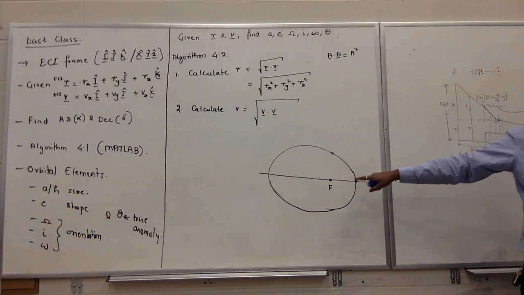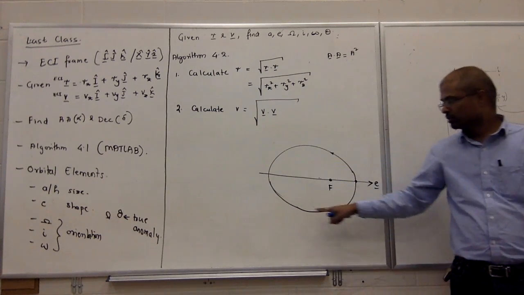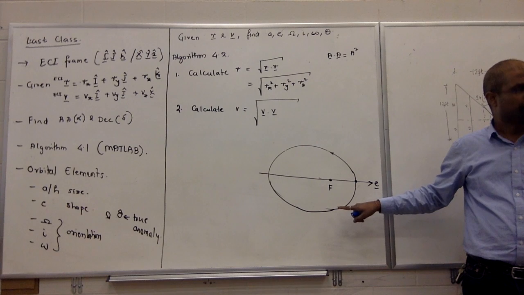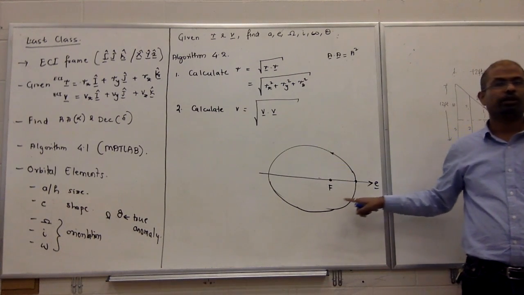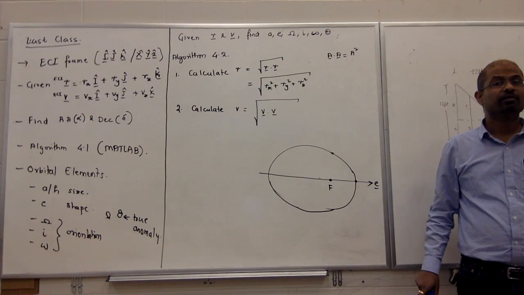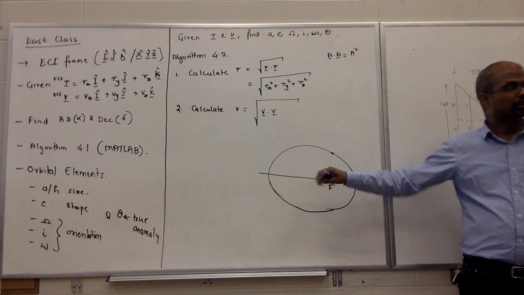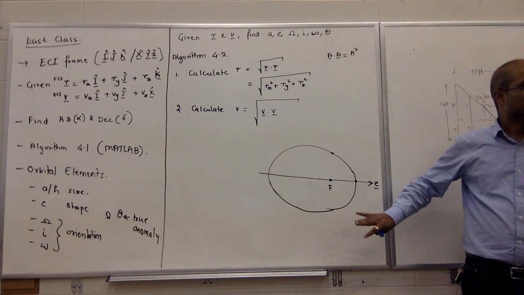When will this be the plane of the equator? If it's an equatorial orbit, this will also be the equatorial plane. Does that make sense?